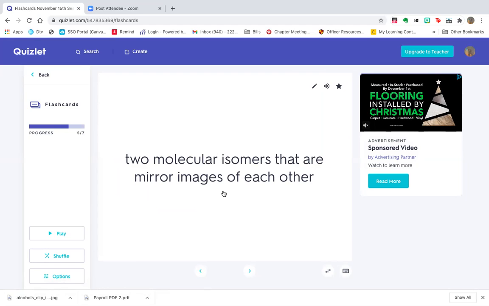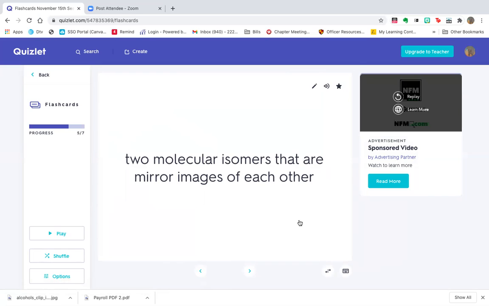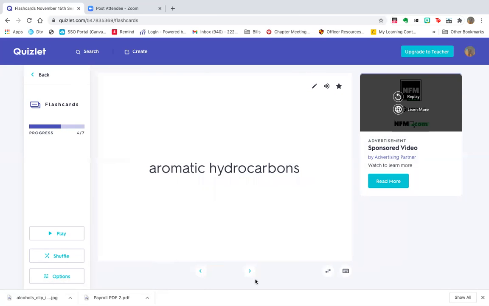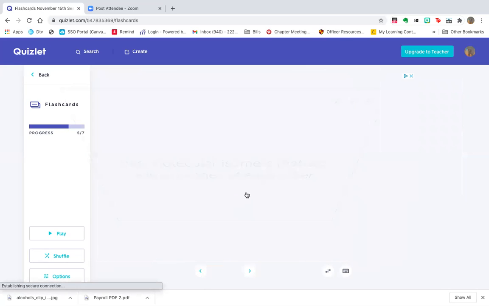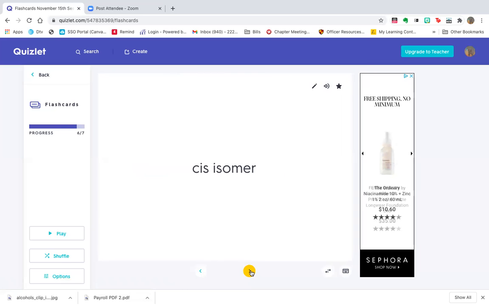So maybe y'all don't have to know as much about them as we did. That's all that she said, basically, is that it's just 2 molecular isomers that are mirror images of each other. So that's just what you need to know. And then there are 2 words. You can either use optical isomers or enantiomers, and they both mean the same thing.